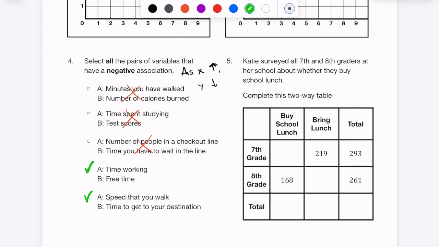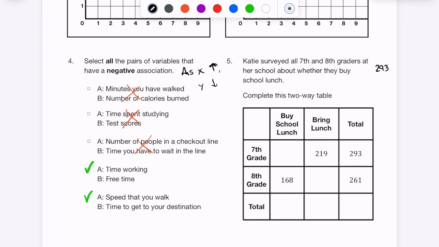Okay. Question 5. Katie surveyed all 7th and 8th graders at her school about whether they buy school lunch. Complete this two-way table. So the key idea here is that the rows and the columns need to sum together. You will be allowed to use a calculator, but of course, good to be able to do this without a calculator.